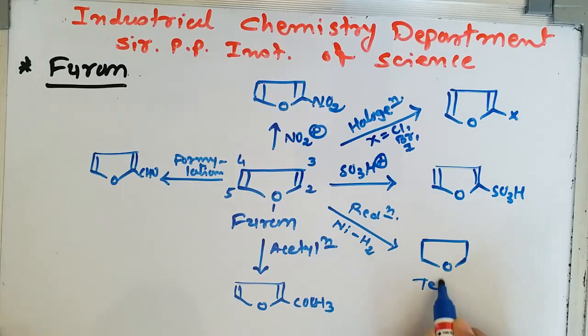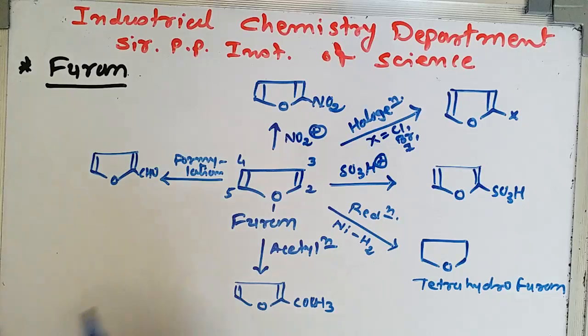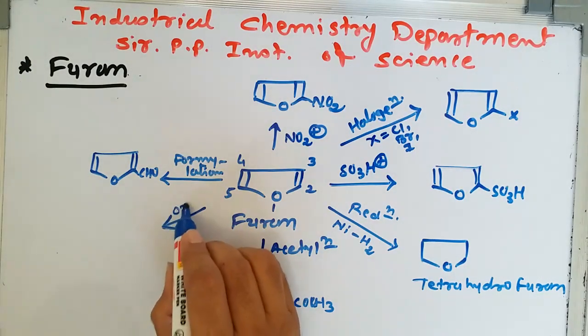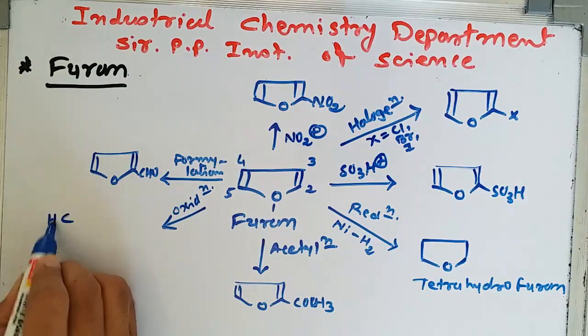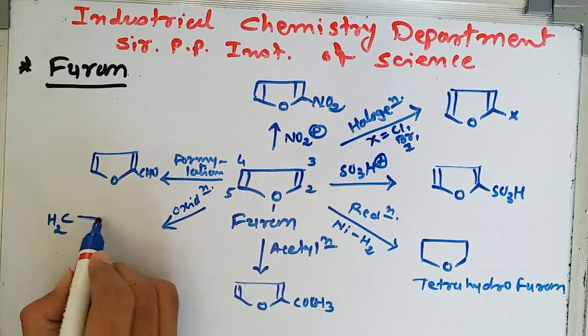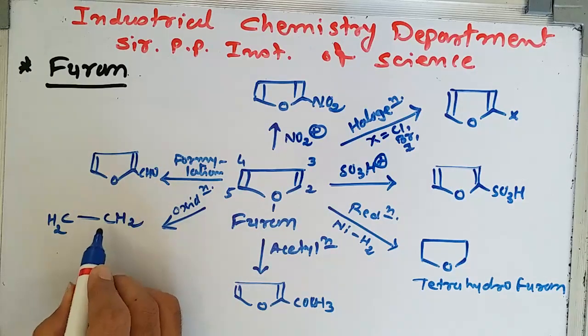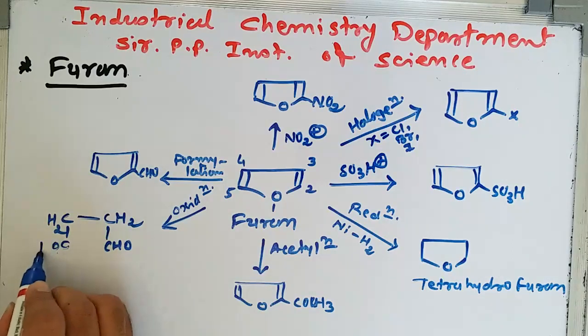If an oxidation reaction takes place, then it is converted into succinaldehyde, CH2CH2CHO. This is succinaldehyde.